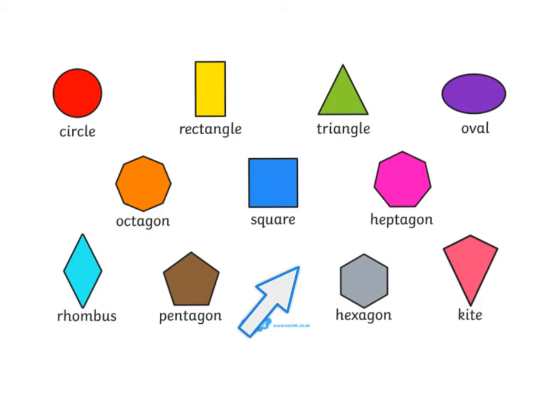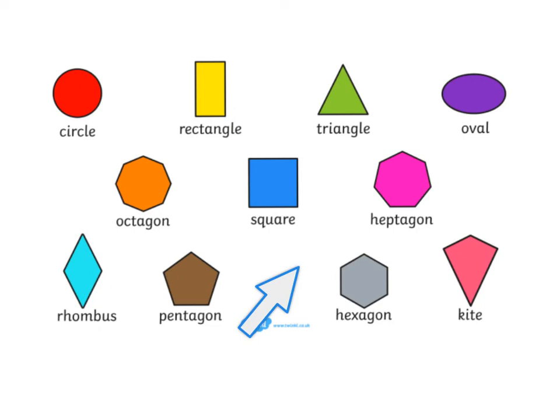Do you see my arrow moving around? Doing a little dance, a little hop. I'm going to use the arrow to point at the shapes we already know and some of the new shapes that we can also learn about. So we already learned about circle, that's right. Here we've got the rectangle, square, triangle, oval.